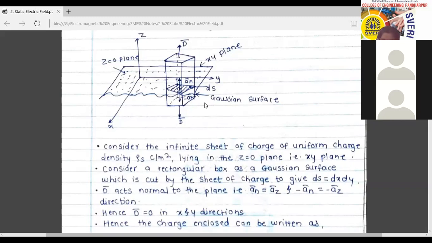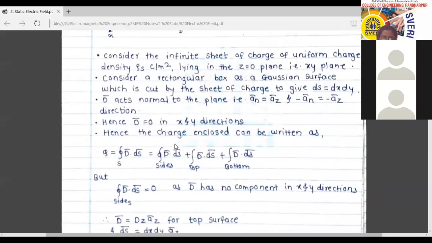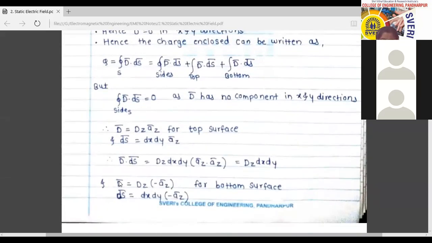It is in the minus z direction, you are right, but we have to write this as dz. There will be plus dz, but the direction is opposite, that is minus a bar z. So you can see this D bar is equal to dz into minus a bar z for the bottom surface.